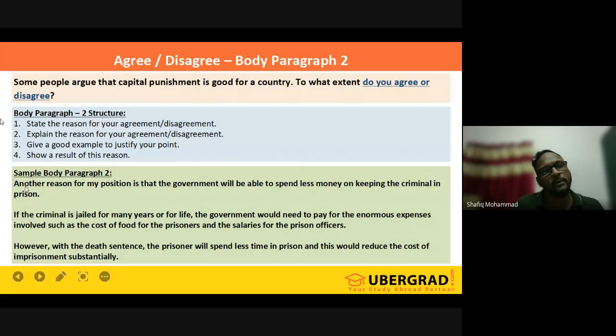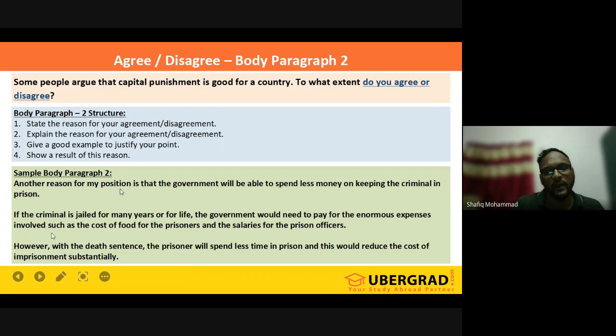For example, you can start with "in addition" or "another reason" or "moreover." These are power packing words which show the examiner that this guy knows some cohesive words, cohesive devices, as we call them. If you start a sentence or your paragraph with a cohesive device, definitely that will give you a rich look. And vocabulary is also checked. If you use really nice vocabulary and not monotonous vocabulary, definitely you'll get a good band score.